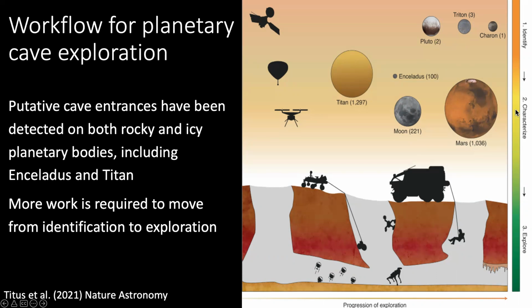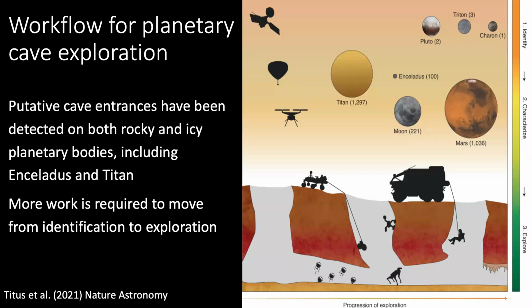Now, for the moon and Mars, we know quite a lot more about those holes in the ground, just because we've been exploring both those planetary bodies longer, and Mars is the most heavily studied planet, probably beyond Earth. And so we're starting to characterize what those cave entrances look like with the SHARAD data and with HiRISE imaging.